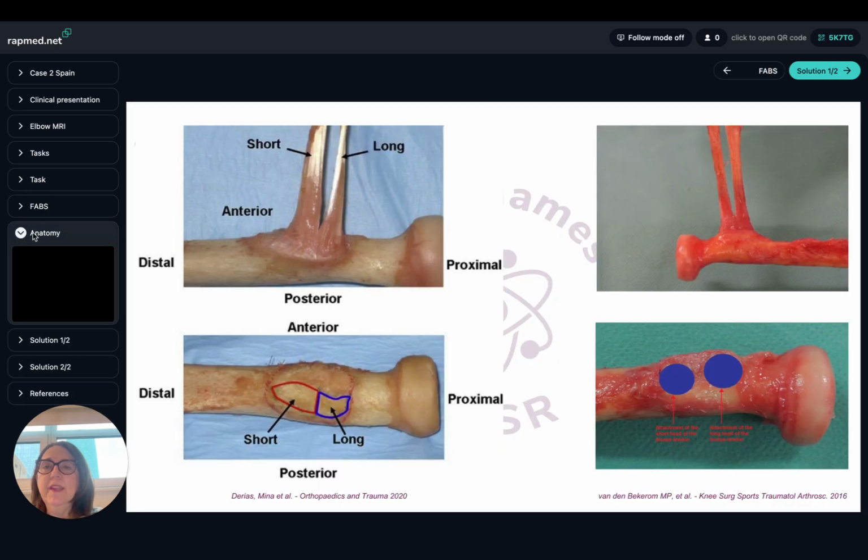So remember the anatomy of the biceps tendon. We thought that we had only two different heads, short and long, on the proximal origin in the shoulder, but no, we also have two different ones distally, the long and the short one.